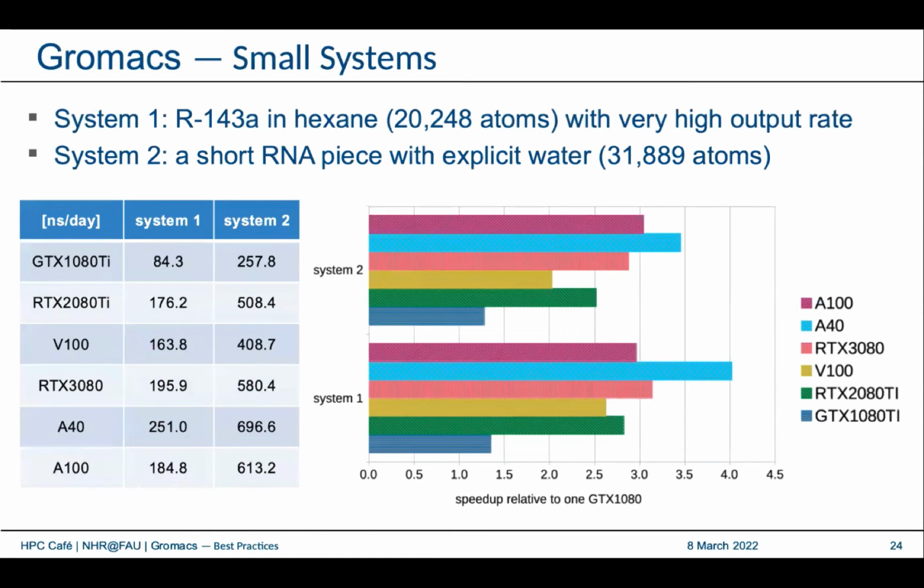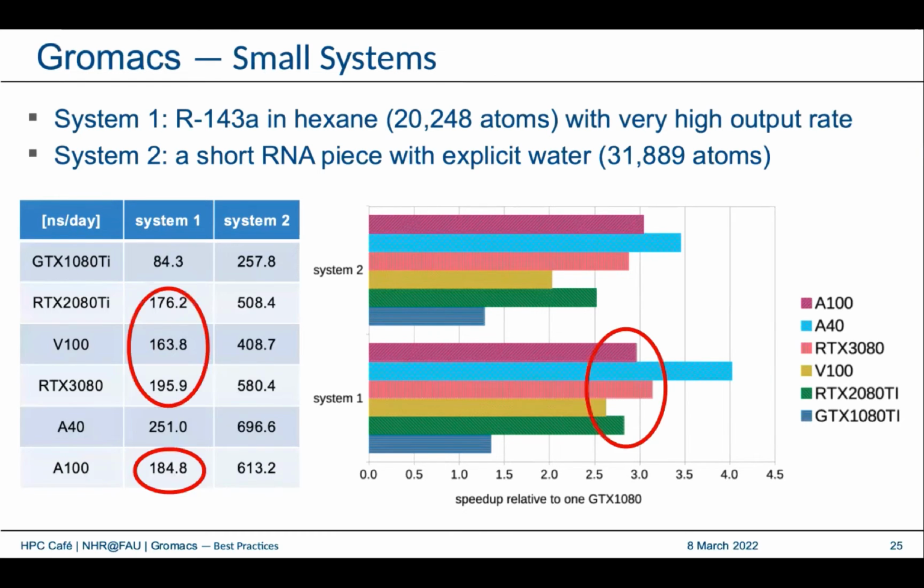Here we have more benchmarking systems. We start with the category of small systems. The first one is organic molecules in hexane, which is also an organic molecule. And it's quite small, but it has a very high output rate. This is needed in this case, but let me tell you, it slows the performance.